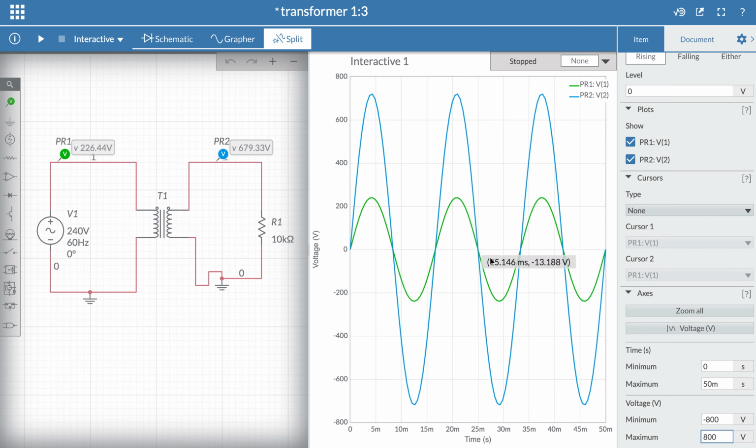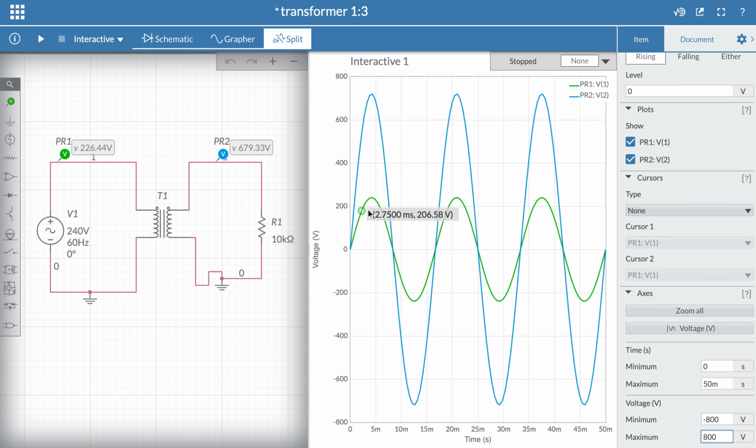Is this result acceptable? Let's remember what the function of this transformer is. Because the turns ratio of this transformer is 1 to 3, N1 over N2 equals V1 over V2 equals 1 to 3. That means the voltage applied here will be multiplied by 3 at the output.